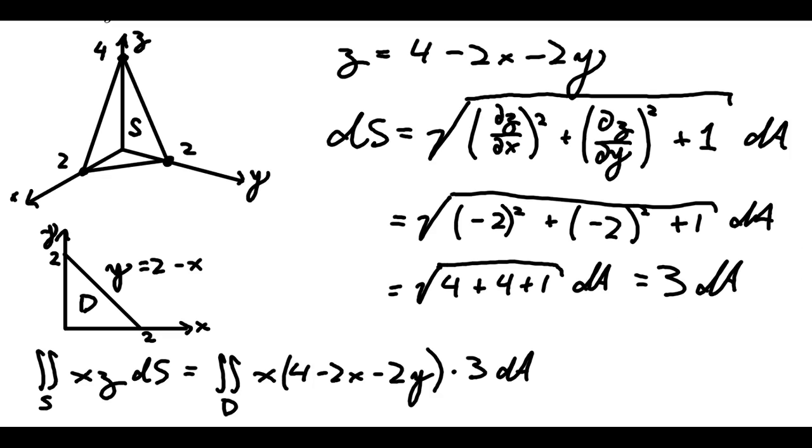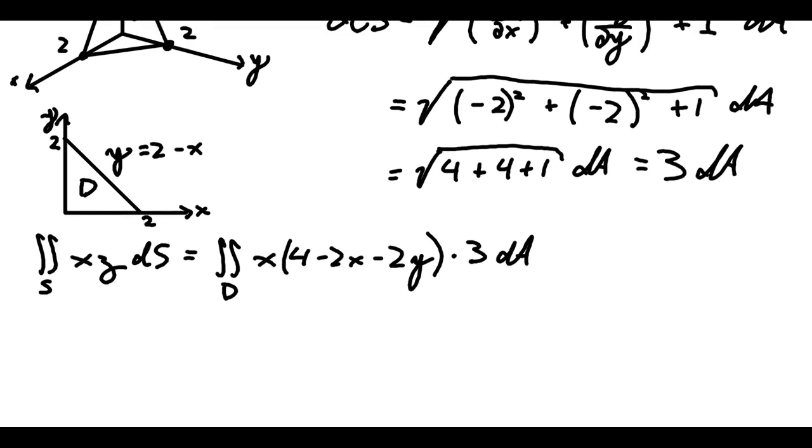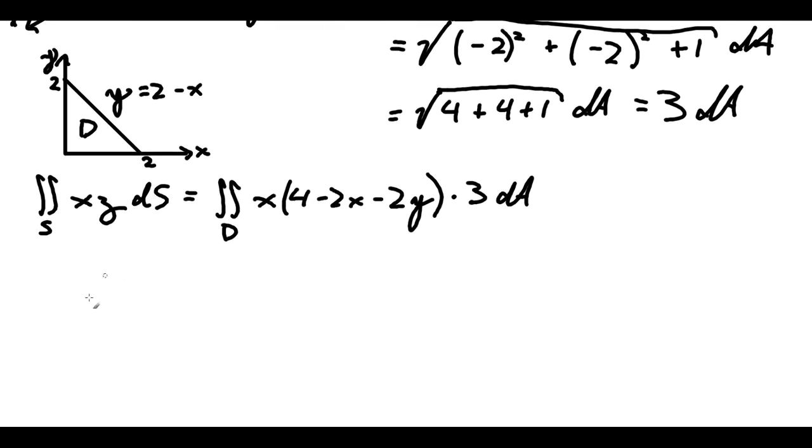So if we start writing this a little bit more explicitly here, first off, glancing through, we see there's a constant 3 we can pull up front.